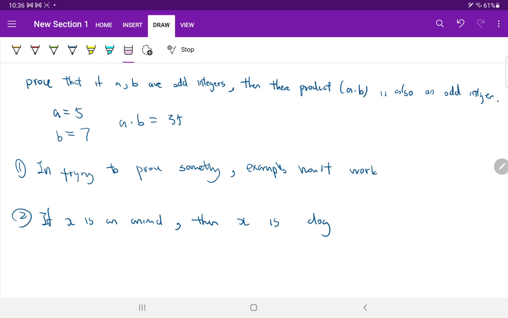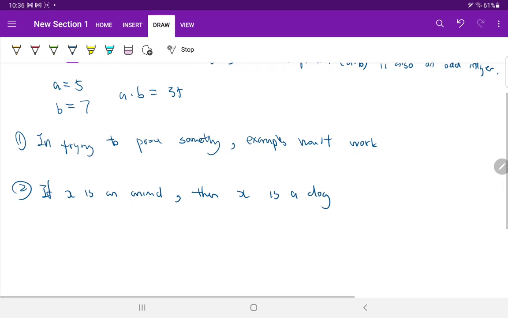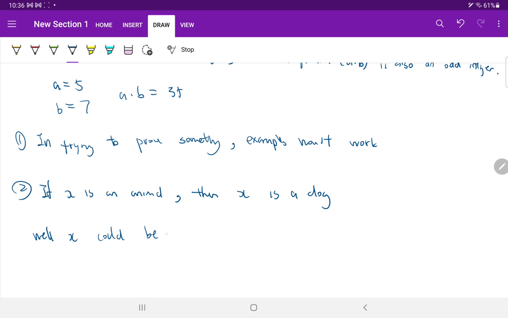How would you prove this statement false? You simply say, well, X could be a cat. A cat is also an animal, but it's not a dog. So therefore, you've proven the statement wrong.